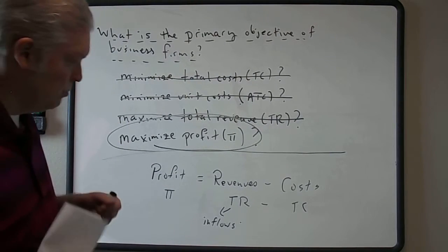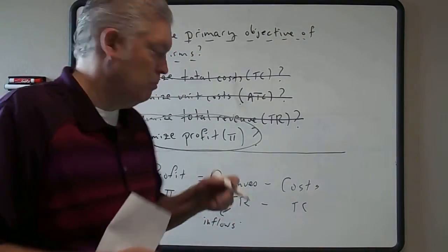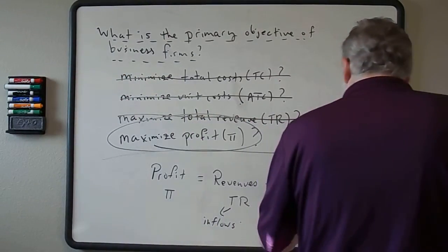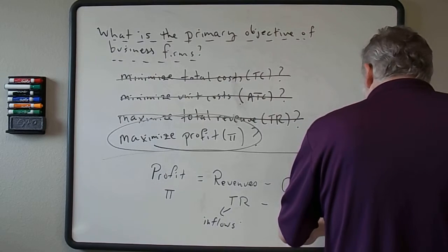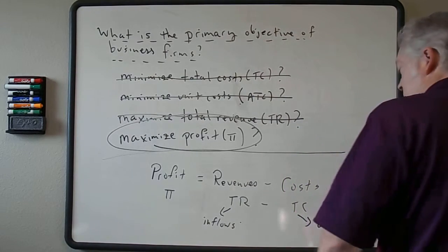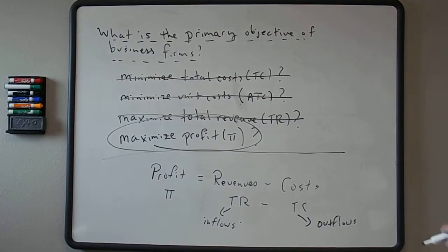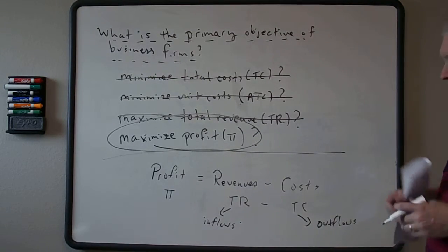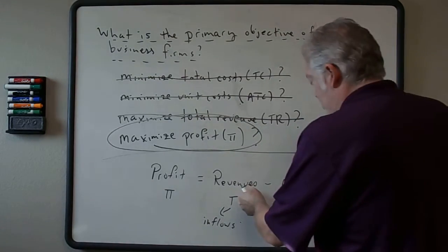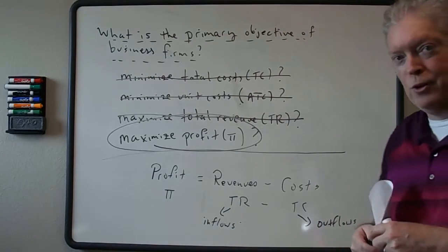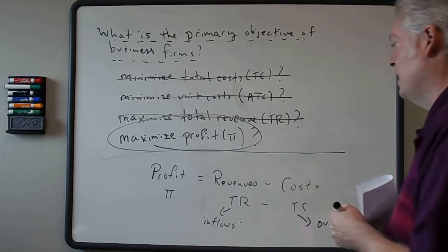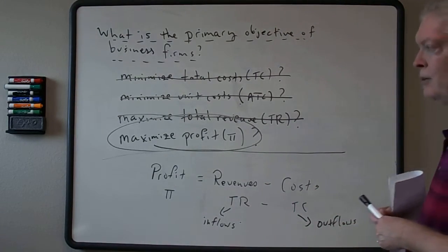So revenues are inflows. We sell a good and we receive an inflow. That's pretty straightforward. Whereas total costs are outflows, outflows of money or promises to pay. Nonetheless, it's the idea that costs are outflows. So profit, at the end of the day, is the residual between revenues and costs, or inflows and outflows. This is a pretty straightforward thing to understand.